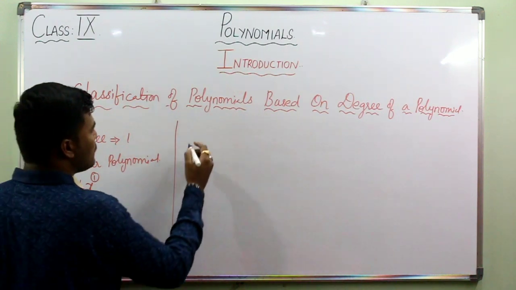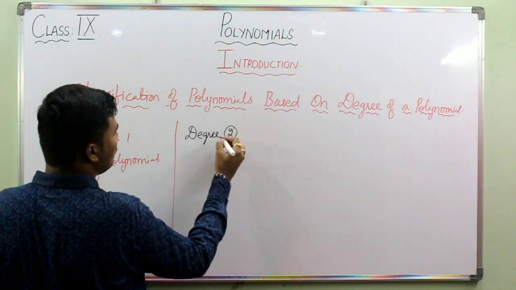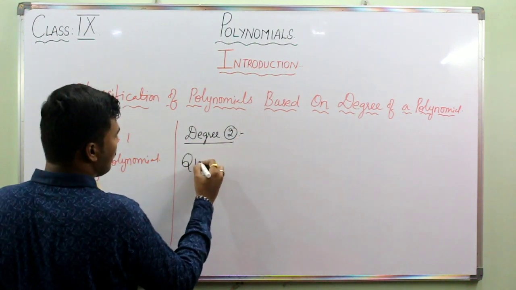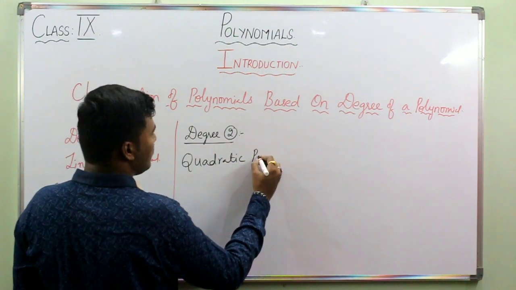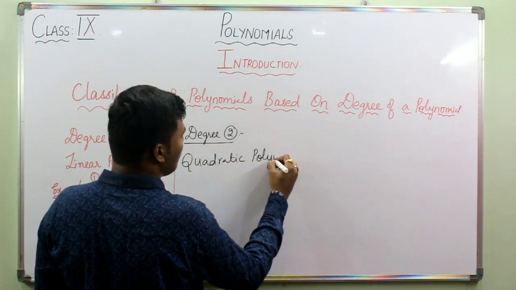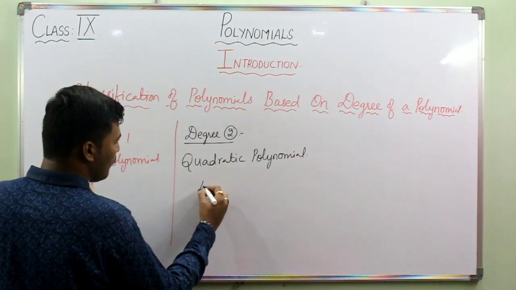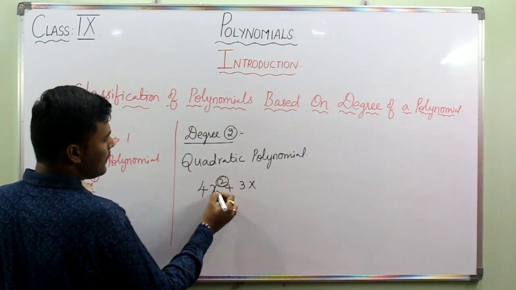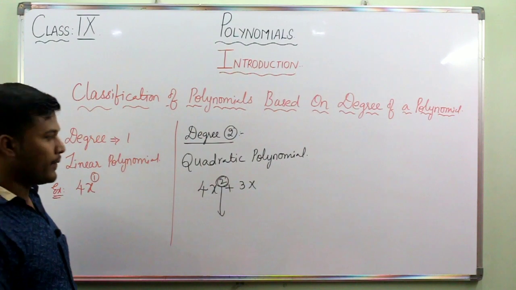If the degree is 2, then it is called a quadratic polynomial, for example 4x square plus 3x. Here the highest degree is 2, hence it is called a quadratic polynomial.